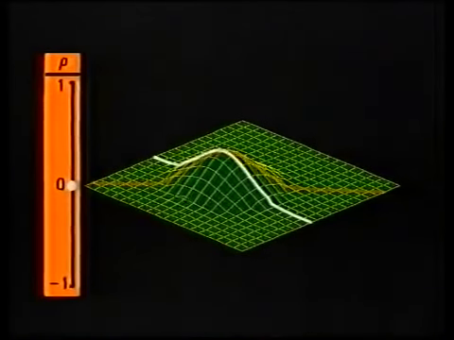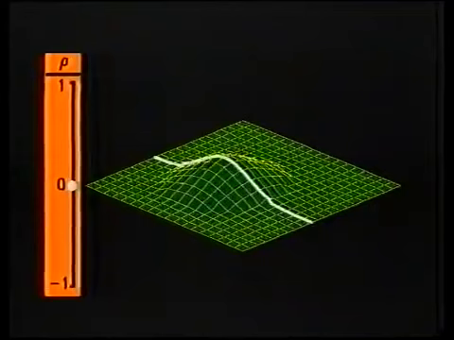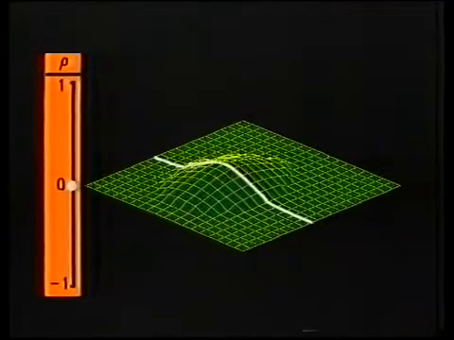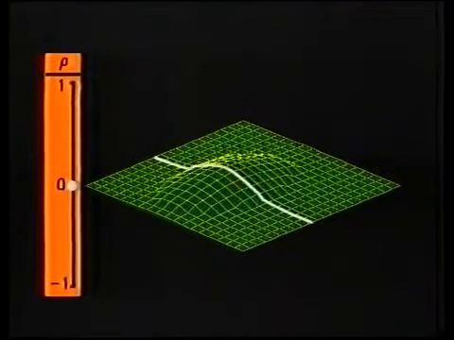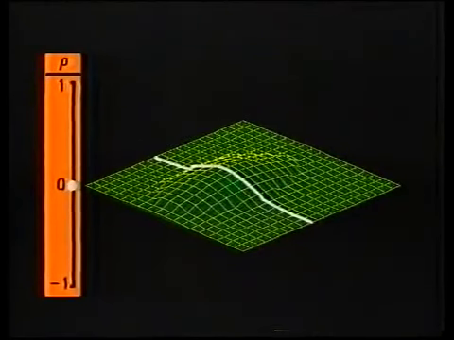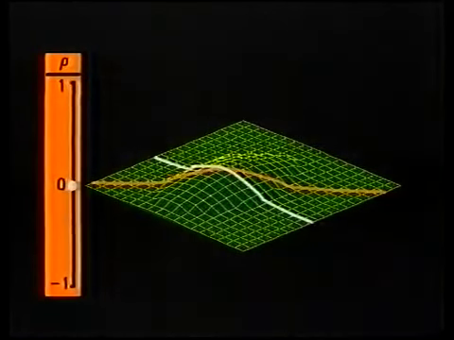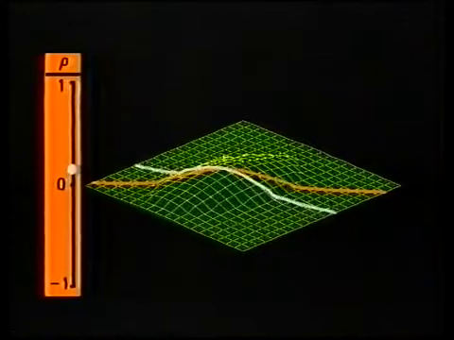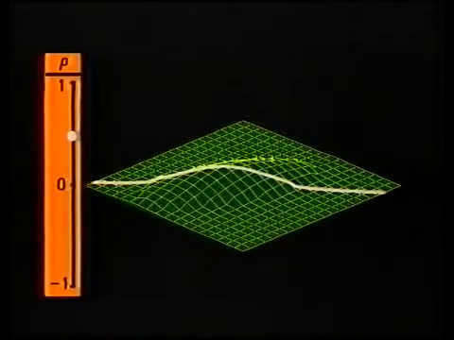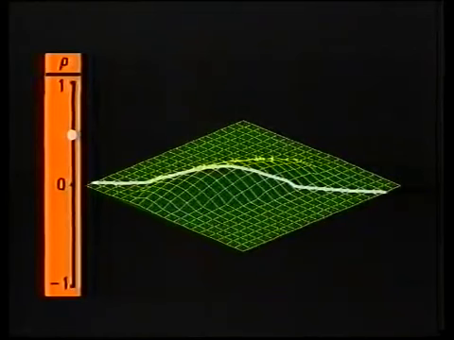Now let's see what happens as we increase the variance of y. The distribution is being stretched out along the y-axis. This is what it looks like when the variance of y is 4 times the variance of x. Here's the 45-degree line again, and as we increase rho, the slope of the regression line increases, until in this case the two lines coincide when rho is 0.5.